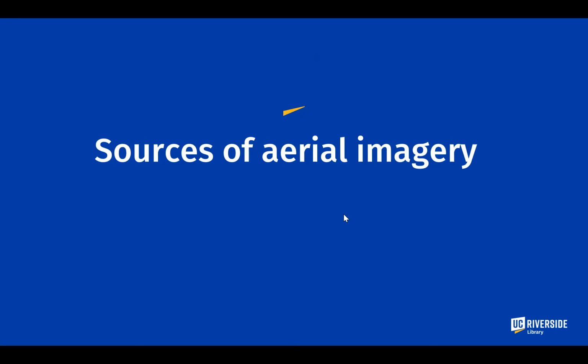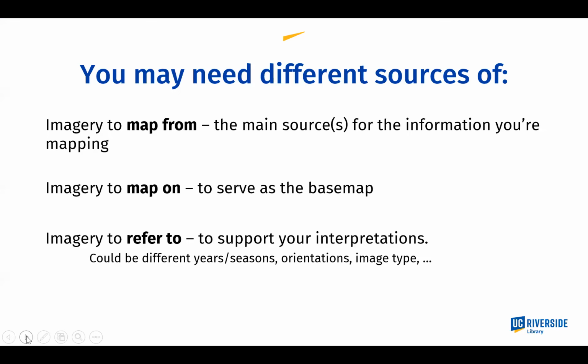So let's talk now about sources of aerial imagery. You might have 3 different categories of imagery you're going to be looking for when you set up your project. You might have imagery to map from. Well, you definitely need that. That's going to be the main source of the information you're mapping.